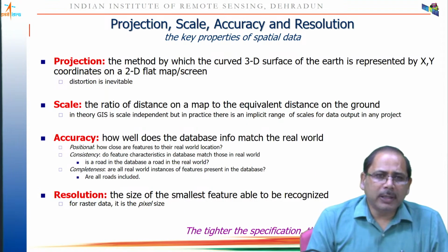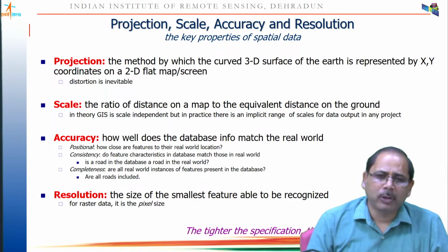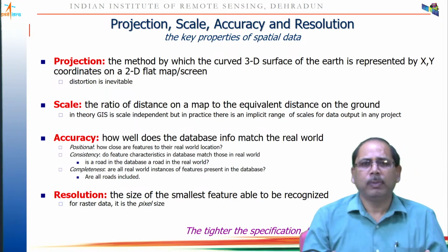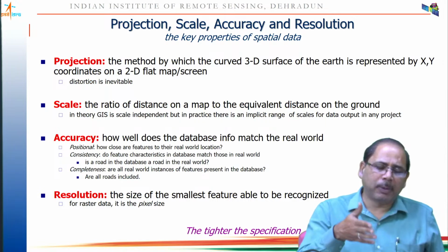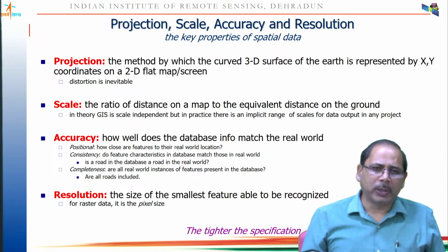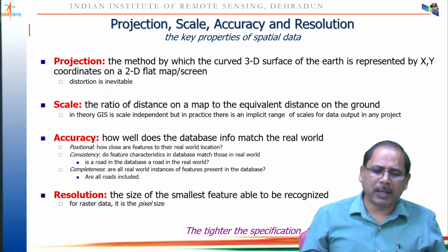So when you are dealing with geographical data, especially geodata, you have to also consider the projection, scale, accuracy, and resolution. I hope during the last two modules my colleague must have discussed all these parameters, but quickly I'll be summarizing here for the new students who are joining this course. So projection is the method by which the curved 3D surface of the earth is represented by x, y coordinates on 2D flat maps.